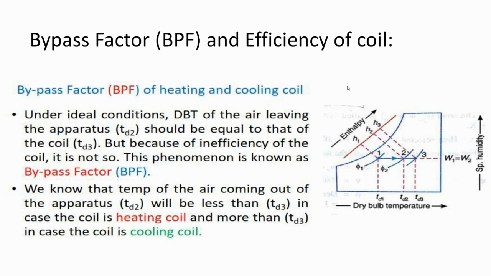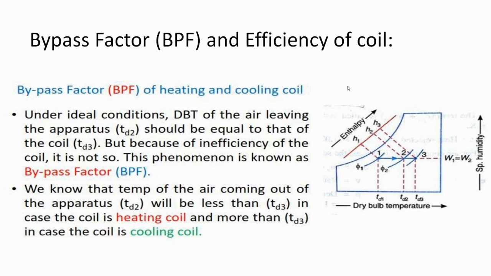So here we have seen that air is passing through the machine, where inside there is a heating coil or cooling coil depending upon the application. So let us say there is cooling of air. Air is passing, whose temperature is TD1, the coil temperature is TD3, and the outlet temperature is TD2.